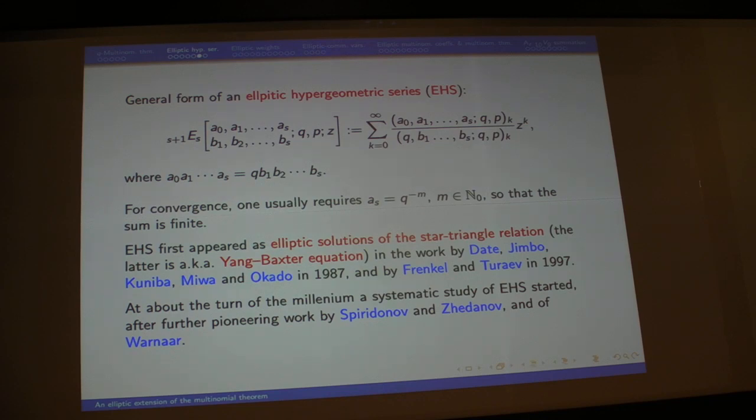They were also studied from a pure mathematical point of view, without relation to the Yang-Baxter equation or the star-triangle relation, by Spiridonov and Zhedanov around the turn of the millennium, and also by Ole Warnaar, who built up a theory of elliptic hypergeometric series in analogy to the basic hypergeometric theory.